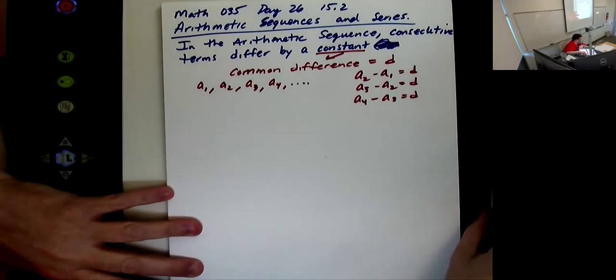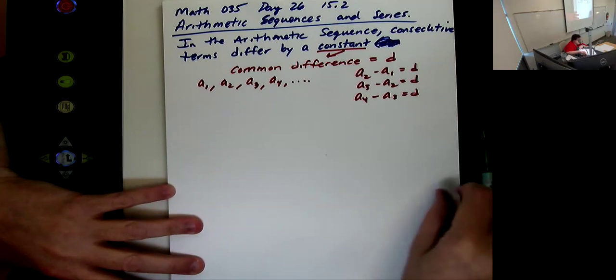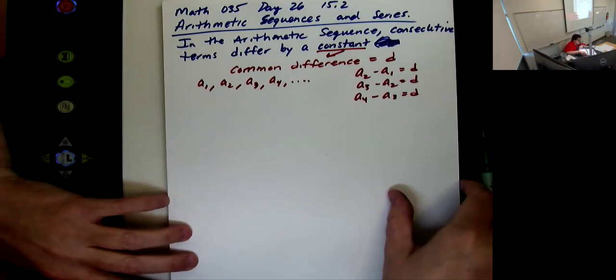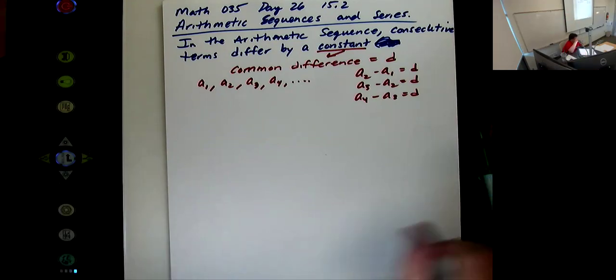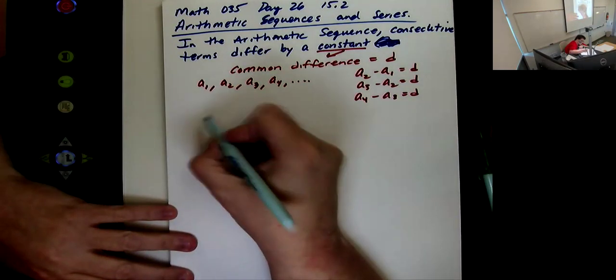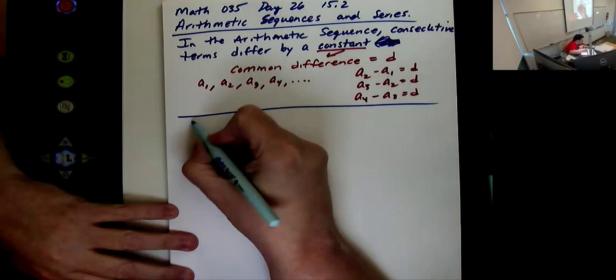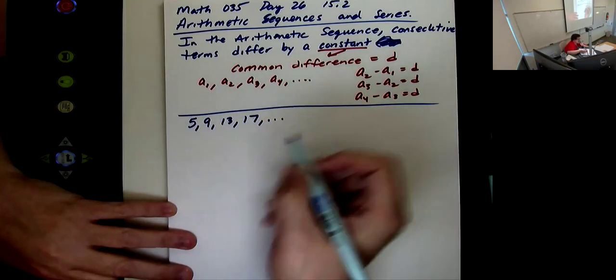There's actually a general formula for the nth term, but we're going to derive it. We actually did this earlier in 335, but we're going to do it again here because I think it's kind of handy to see where it comes from. Let's say we had the sequence 5, 9, 13, 17, and we keep going.